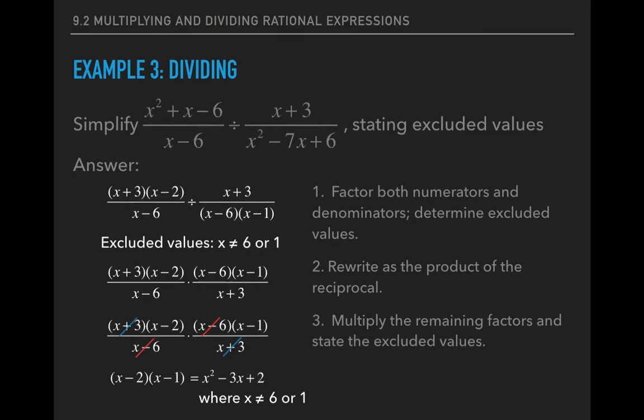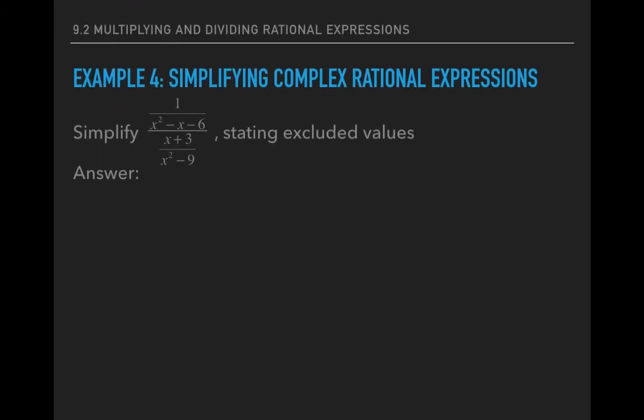All right, last example here. Simplifying complex rational expressions. What you're seeing here is a complex rational expression, and if I recall correctly, these are very likely to show up on many standardized exams that you all have to take. So how do we simplify this?